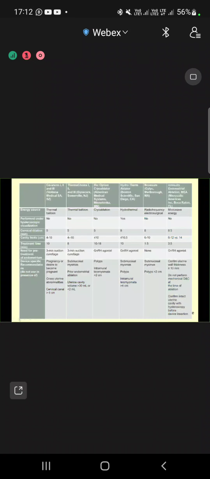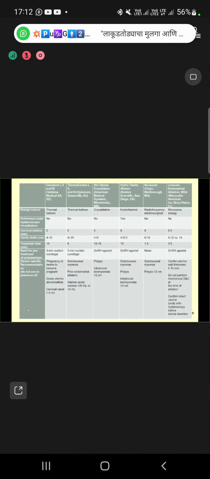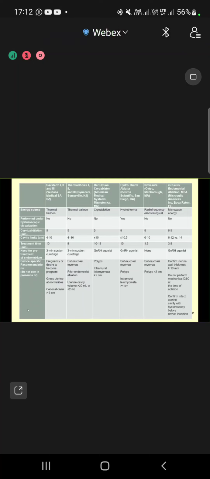This slide is a comparative slide which shows what are the advantages and disadvantages of each procedure. When it comes to the Cavatum, the energy source is the heated solution ablating the endometrium through the thermal balloon. No need of hysteroscopy with this procedure.